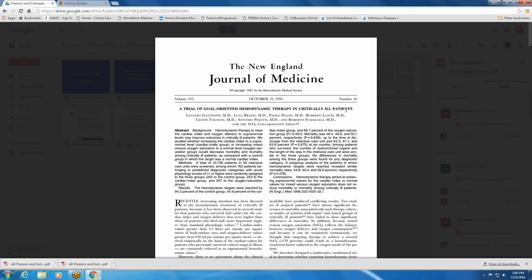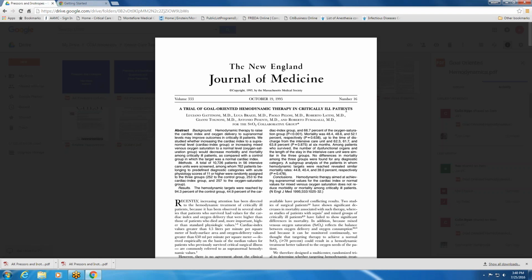But this was sort of the beginning of the end of it: a trial where they randomized patients, all of whom had PA catheters in, because back in that time, everybody in shock essentially had a PA catheter in, to either normal indices of oxygen delivery or supernormal indices of oxygen delivery.